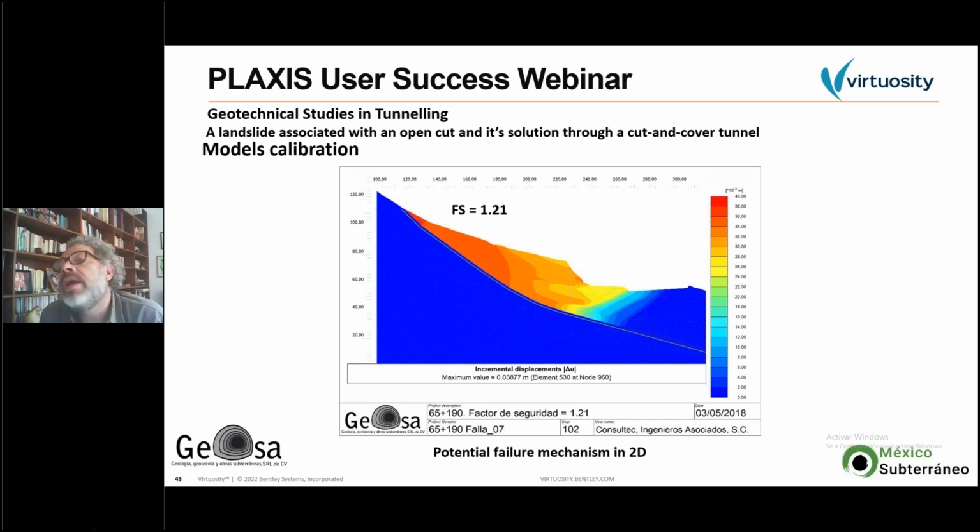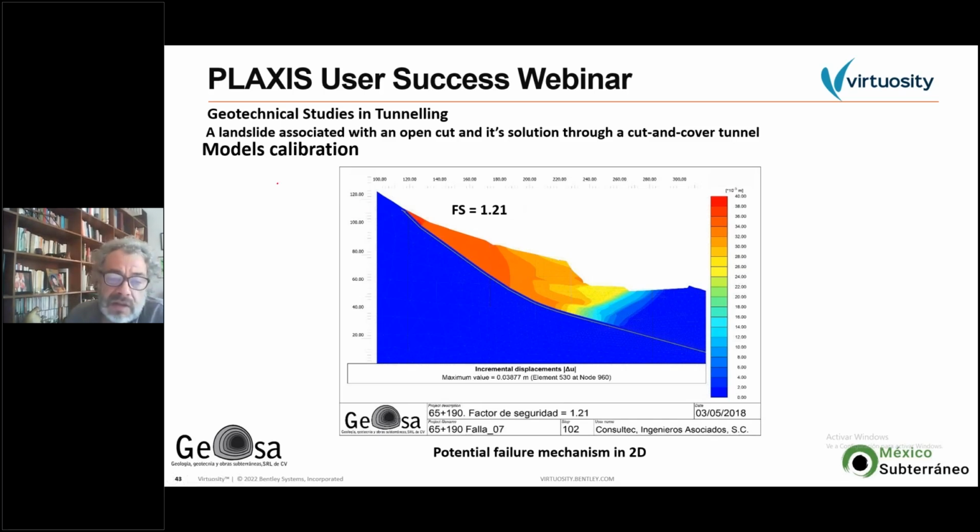We got a collection of stability factors in different conditions, and after this point we considered that we already had a good scenario in order to proceed to work with the 3-dimensional model. So this is not a very representative value, this 1.21.